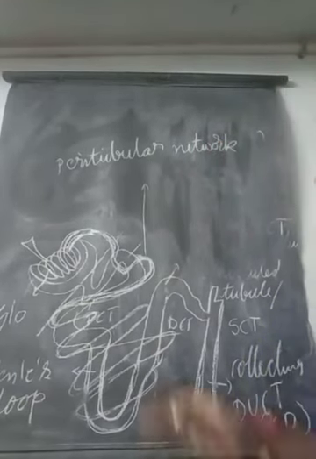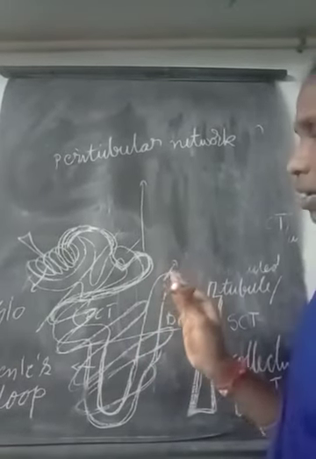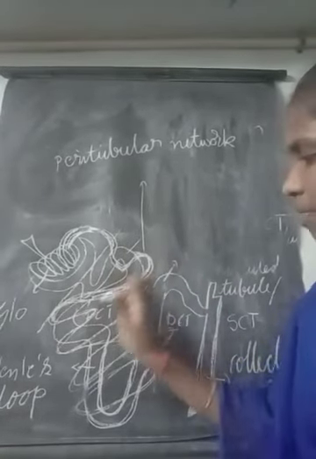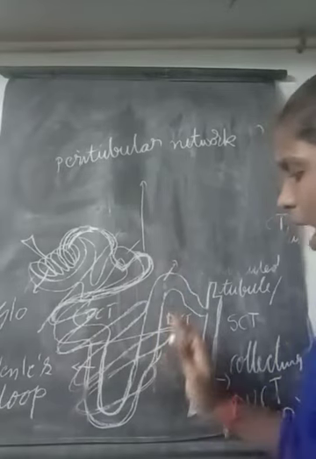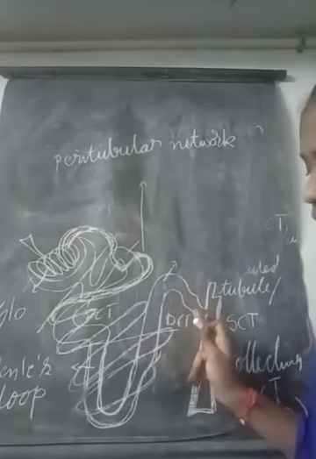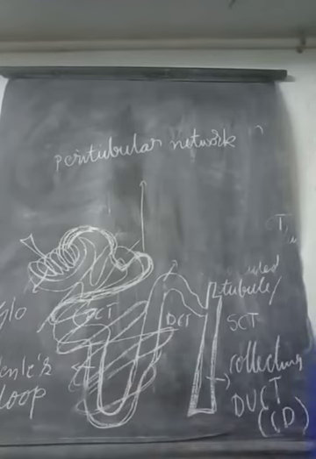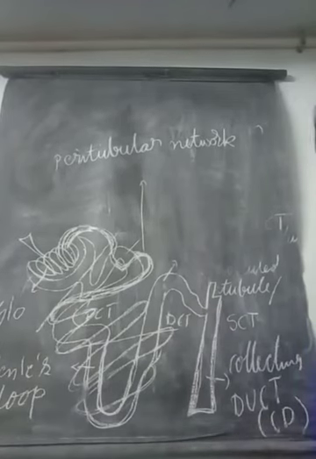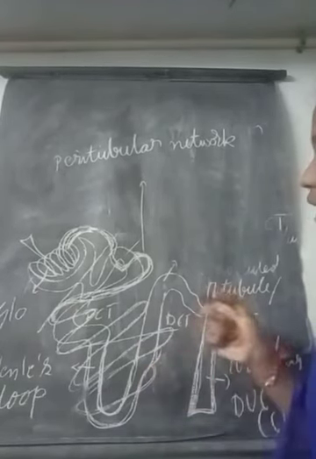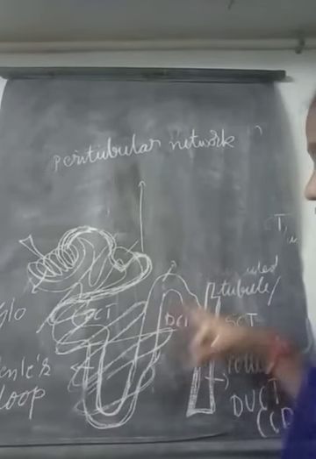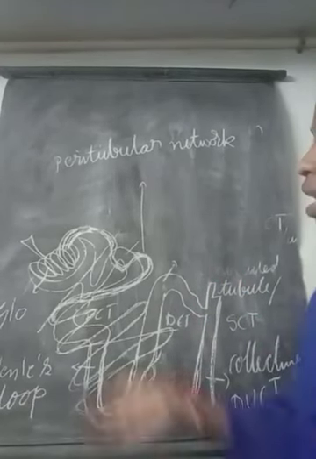This peritubular network covers around the nephron until the DCT part. After coming to the DCT, it will start taking blood away from that part.